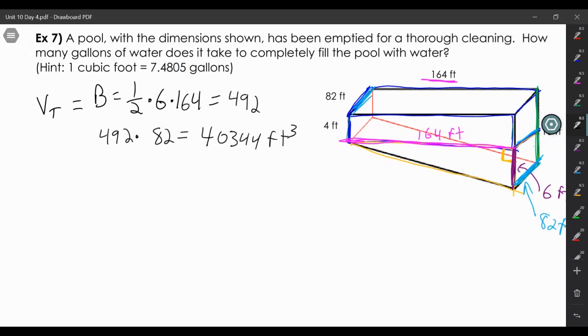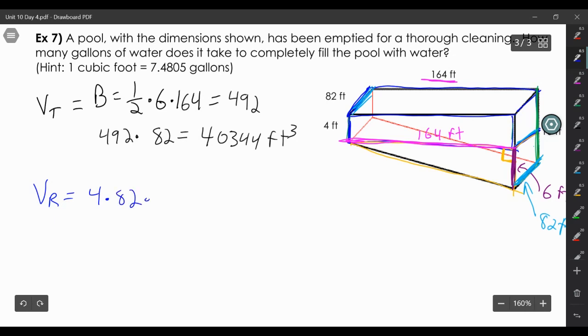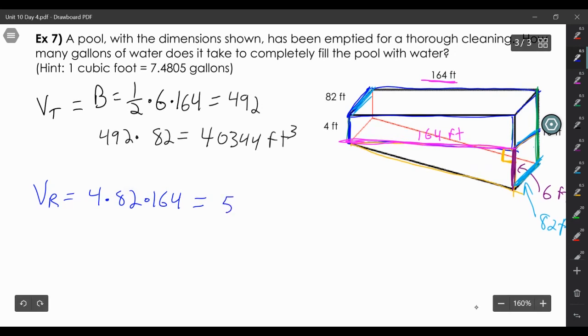Now we have to worry about the rectangular prism. The rectangular prism will be easy because since it's a rectangle, we can just do 4 times 82 times 164. Just multiply all the dimensions and we get 53,792 cubic feet.